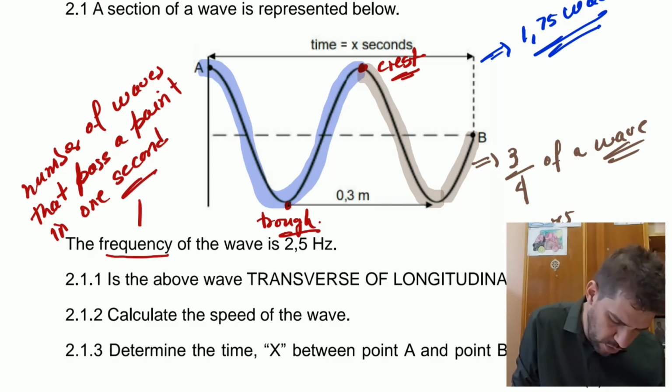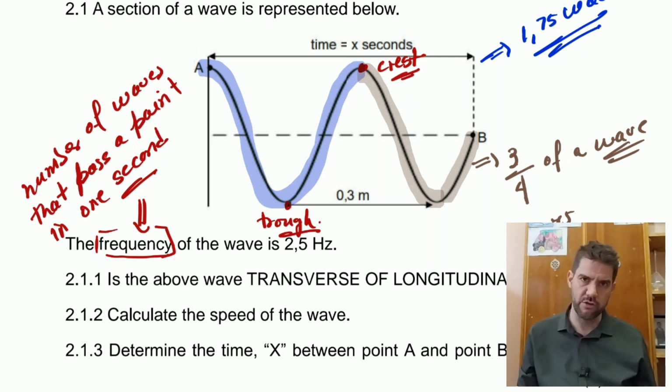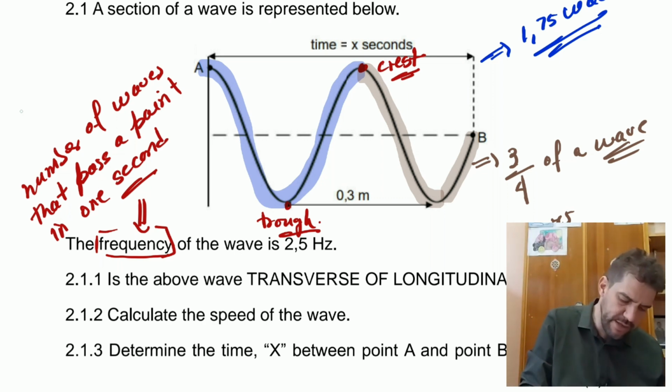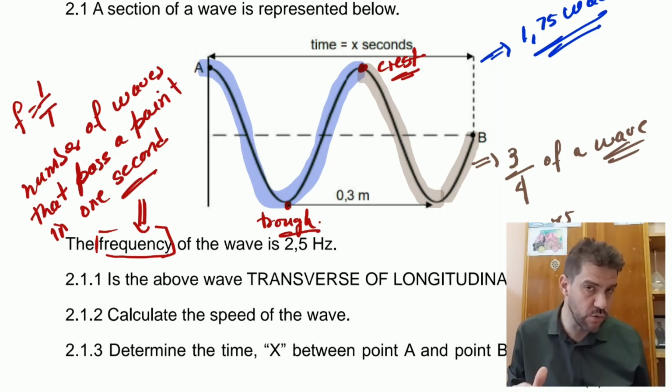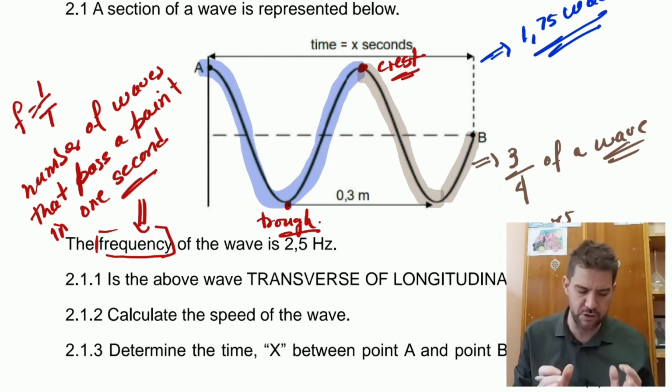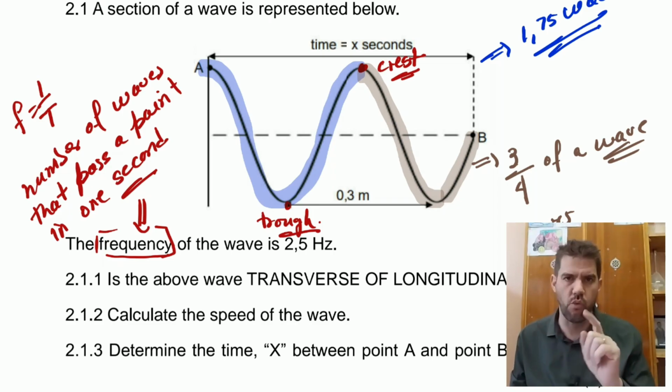That is what we call frequency. It's an important definition. You never know if they're going to ask you to calculate frequency. And frequency is equal to 1 divided by period. So if you have the frequency, you may calculate the period. Period is the time for one complete wave.